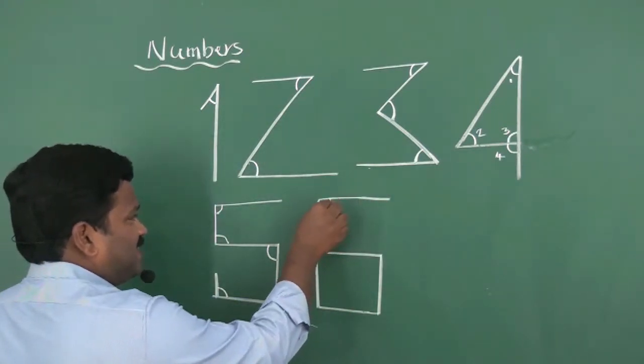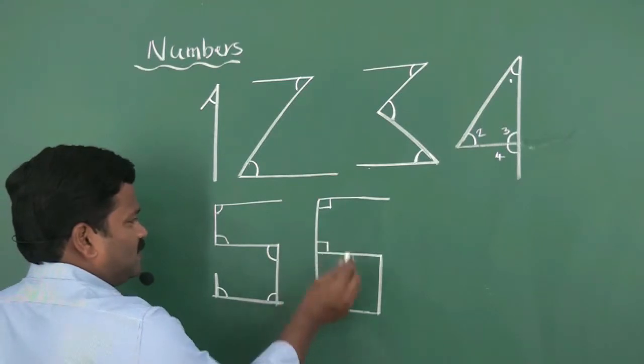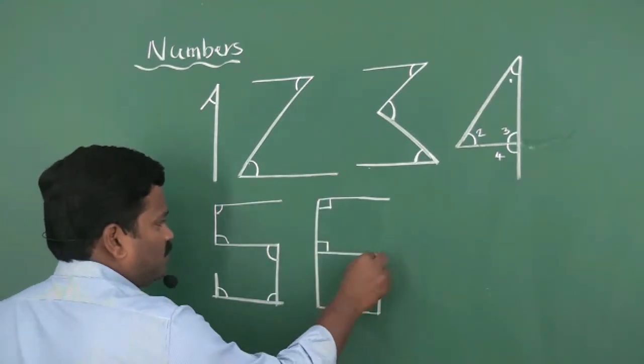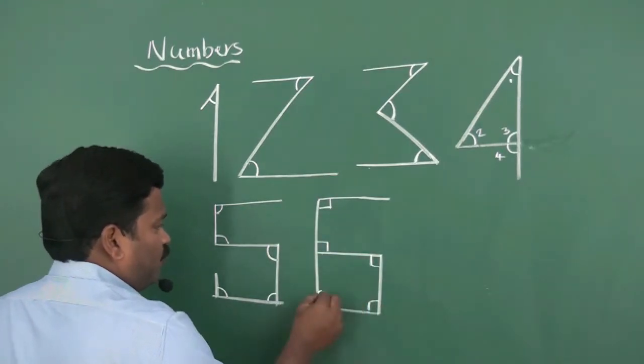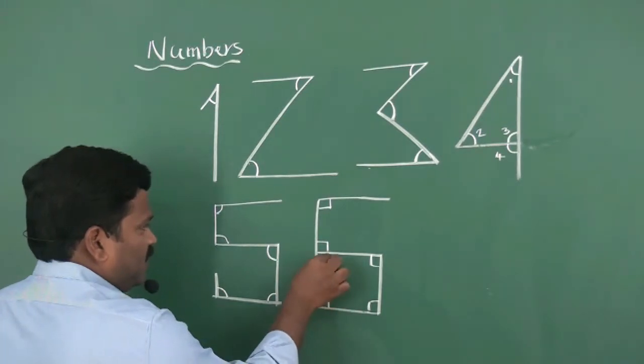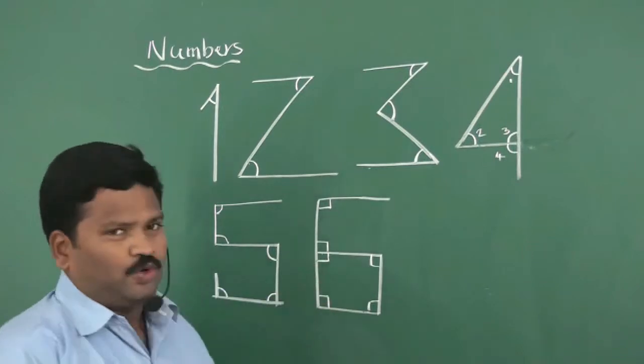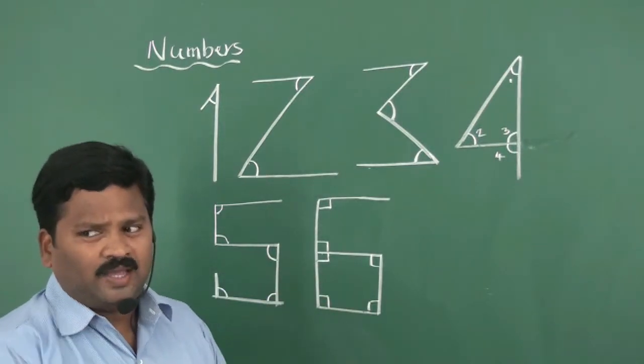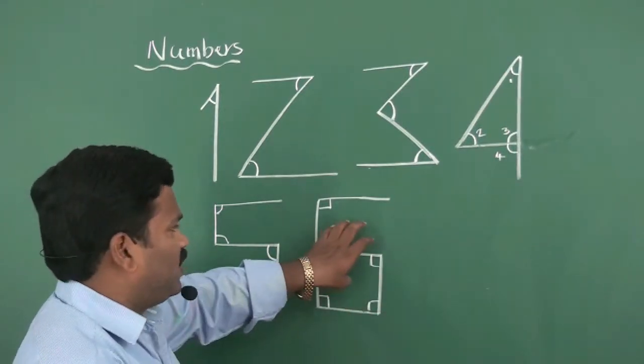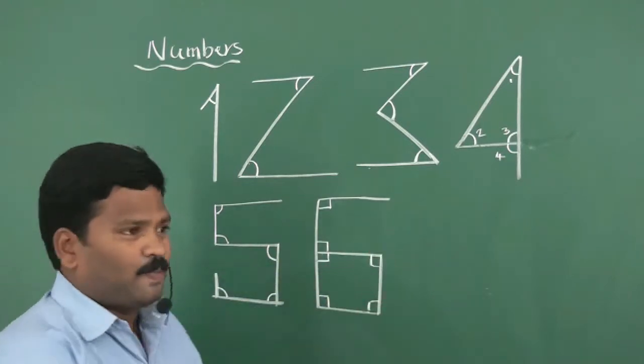This is 6. 1, 2, 3, 4, 5, 6. This diagram consists of 6 angles. That's why this figure is named 6.